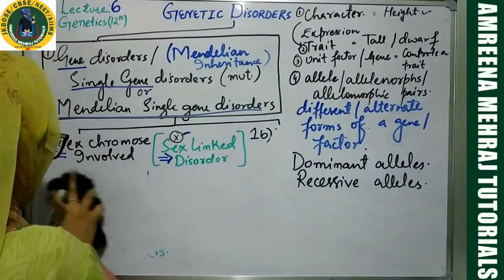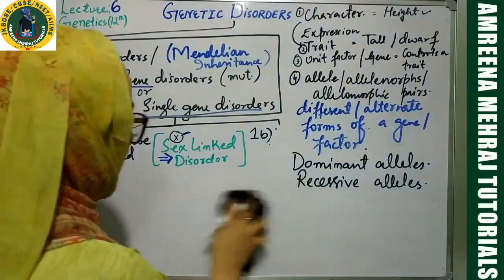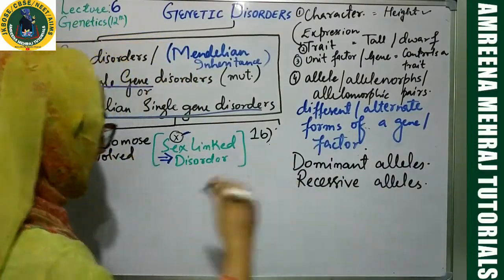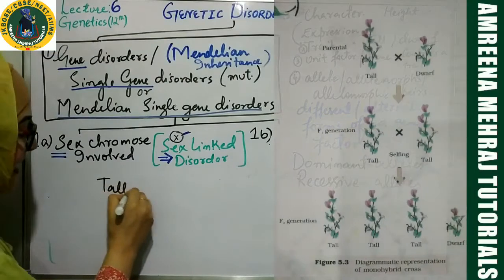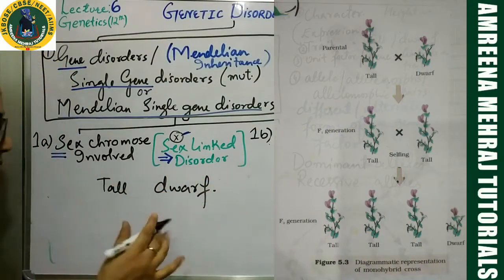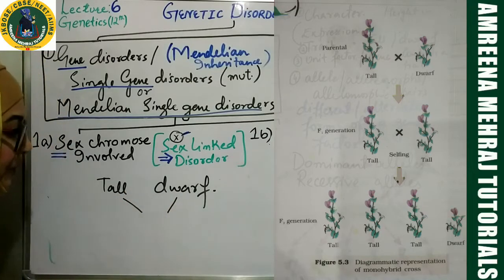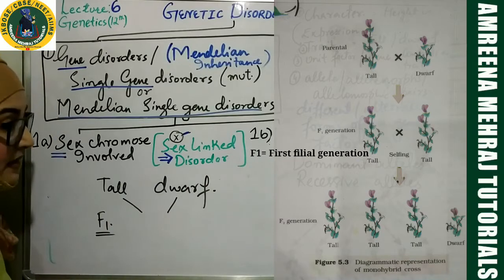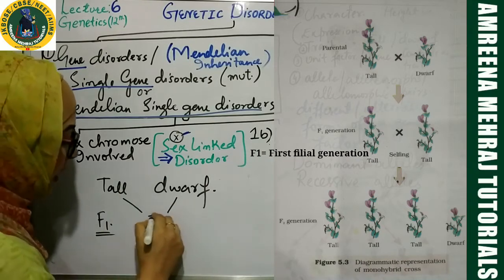Now let me make you understand what recessive and dominant mean. Mendel took a pure tall plant and a pure dwarf plant. Once he did a cross between the two, the F1 generation individual was, externally, phenotypically, tall.